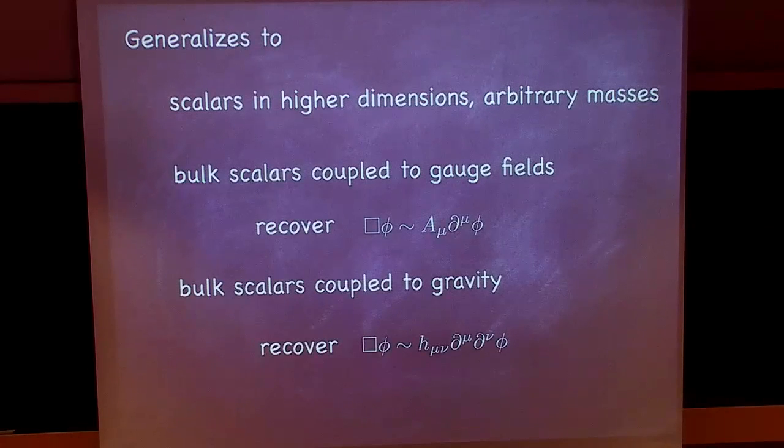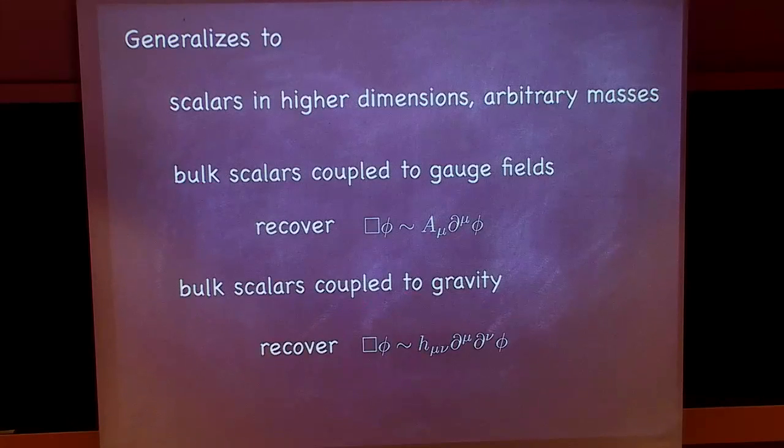You start with the three-point function between two scalar operators and a conserved current on the boundary. You try to lift one of these scalar operators to a local field in the bulk. You can do it by adding higher dimension operators. You work out what the equations of motion have to be, and you get the right coupling between your bulk scalar field and the gauge field.